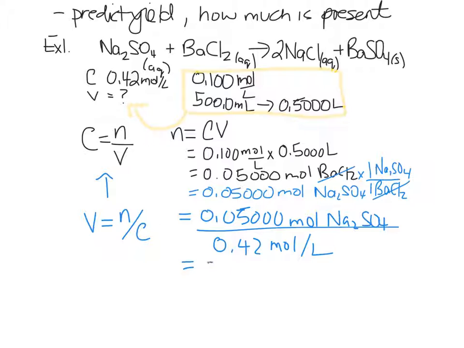So this is 0.119 liters. If you multiply that by 1,000, it's 119 milliliters, 2 significant digits, 120 milliliters. So therefore, in this reaction, we would need to react 120 milliliters of sodium sulfate with 500 mils of barium chloride.